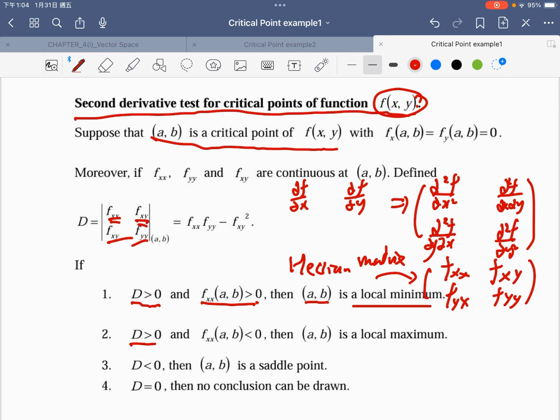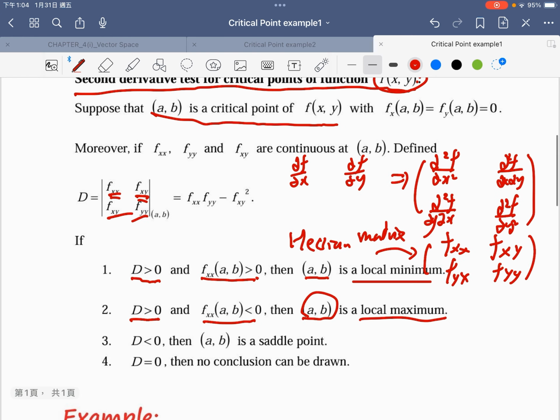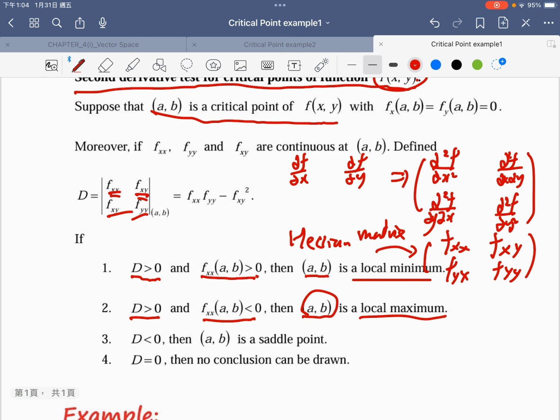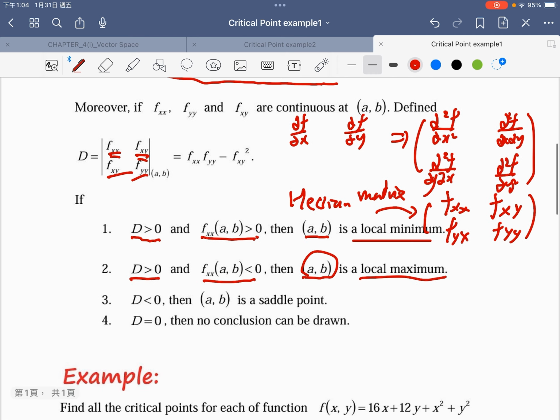If the determinant is greater than 0 and ∂²f/∂x² is less than 0, then that point is a local maximum. It is quite similar to the second derivative test in one variable. If the determinant of the Hessian matrix is negative, then this point is a saddle point.